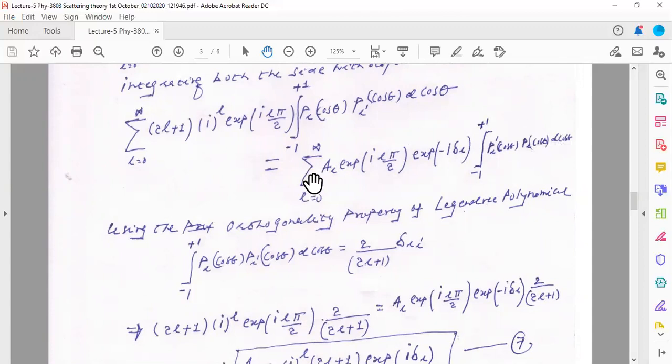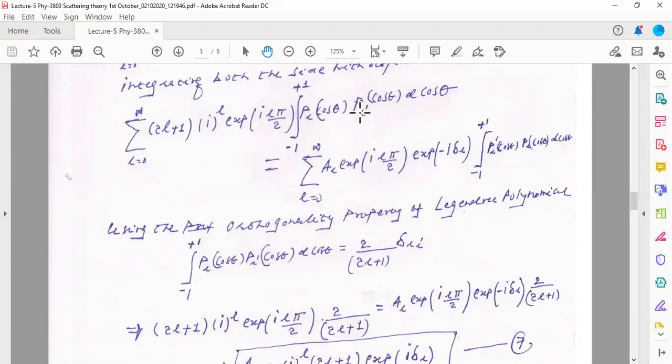So this term is non-zero only for l equal to l'. Similarly here also, when l is equal to 0, this term disappears; l equal to 1, it disappears; l equal to 2, it disappears. But when l is equal to l', this term is not vanishing. But when l is equal to l' plus 1, again this term disappears.